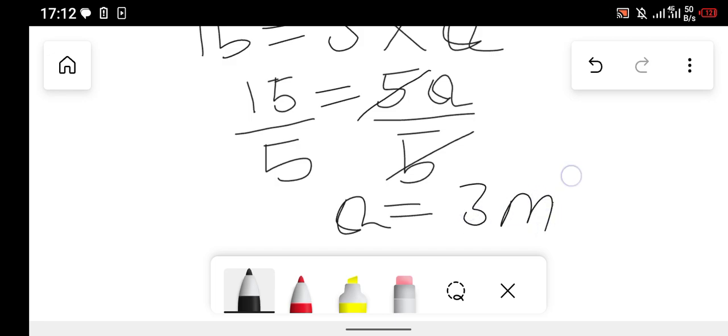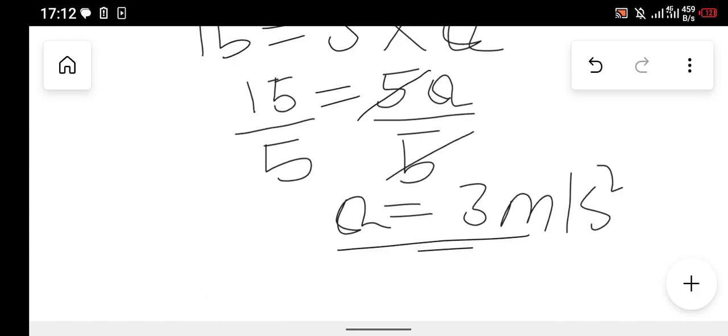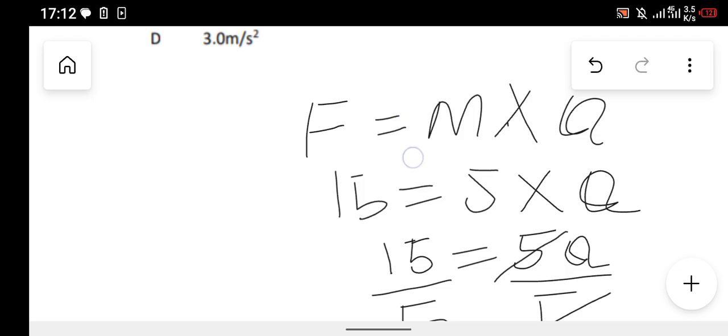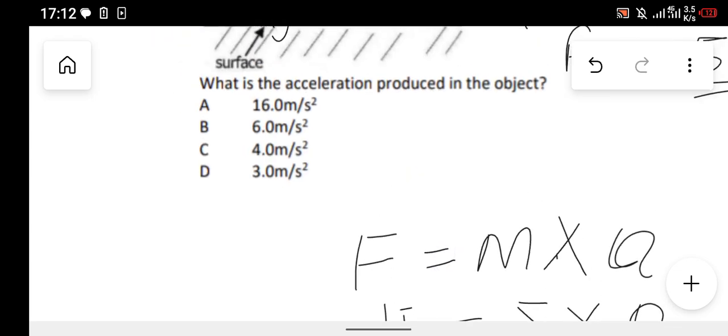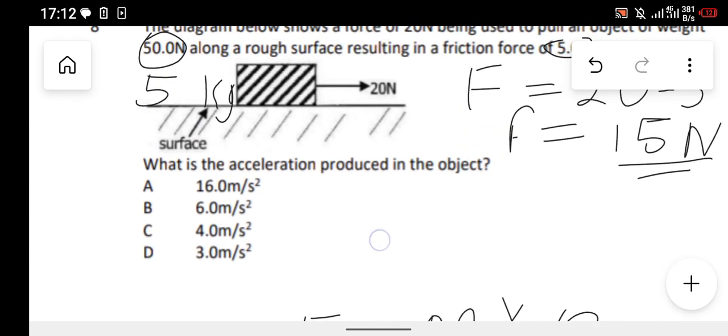The unit for acceleration is meters per second squared. Okay, so we know that acceleration is 3 meters per second squared. Let's look at the options. You see if you have this kind of answer there. And yes, indeed we have, which is option D.